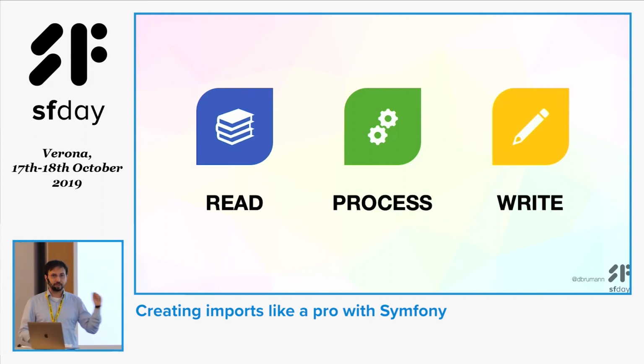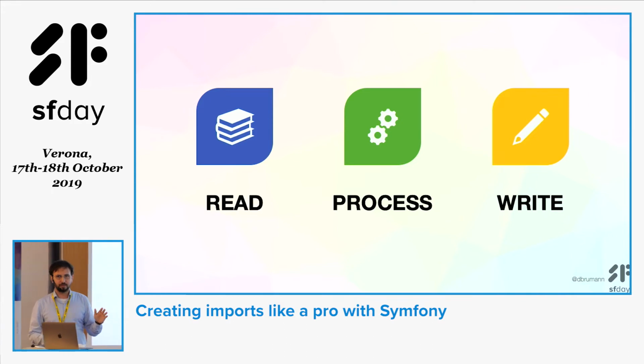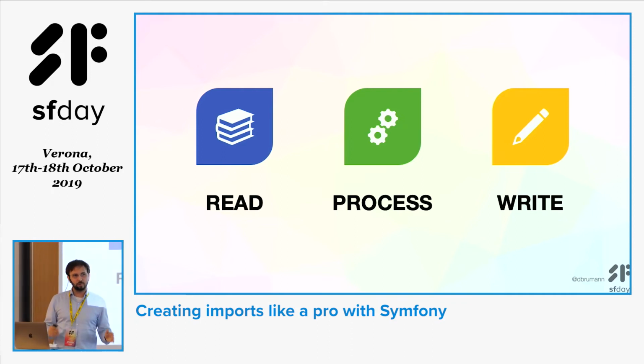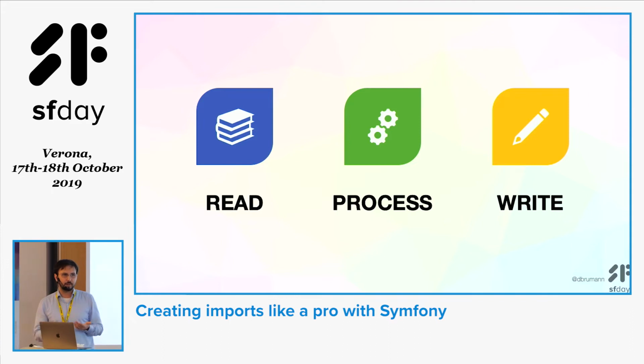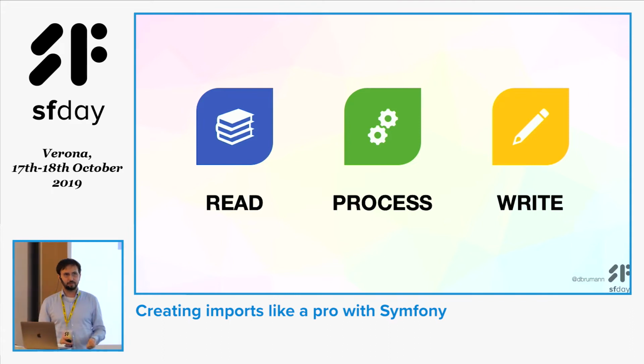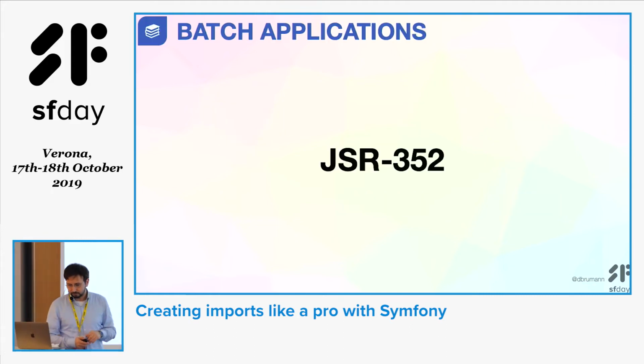So we will go into each of these phases that every batch process has, and we look at very in-depth details of what we can do. So hopefully you have both a big concept that you can work with and start off as an architecture, as well as very on-point help that you can just implement even in your basic imports that you already have.